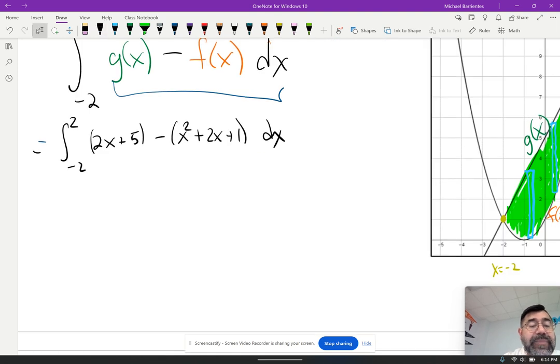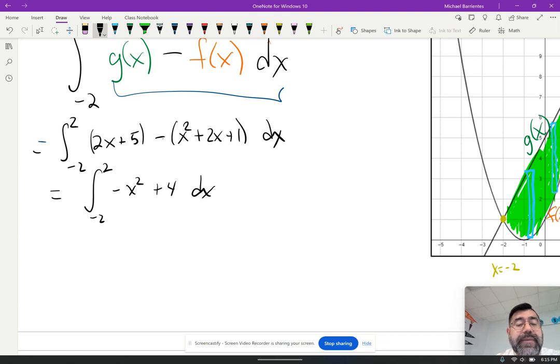If you simplify this, you're going to get negative x squared, because that's subtracting, minus 2x and the plus 2x are going to cancel out. Minus 1 and plus 5 is going to give you plus 4. So 2x minus 2x was 0, and I'm just left with minus x squared plus 4. So this is what I'm left with.